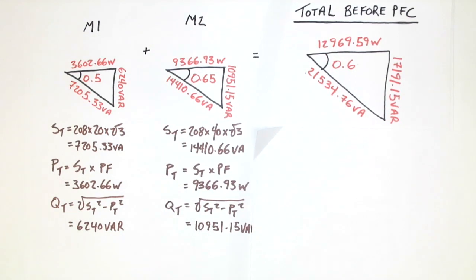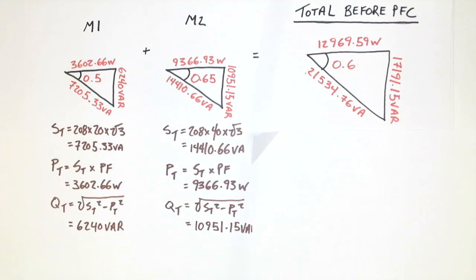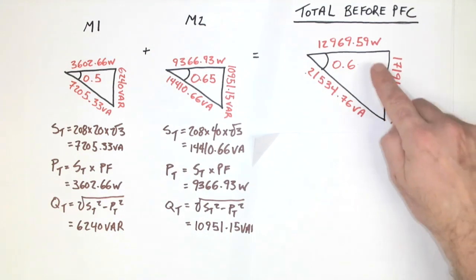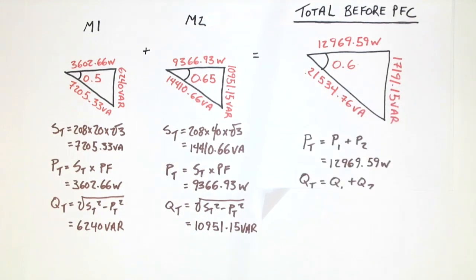I use Pythagoras in order to determine the total VA of my circuit, and then I can divide my watts by VA to get my power factor.